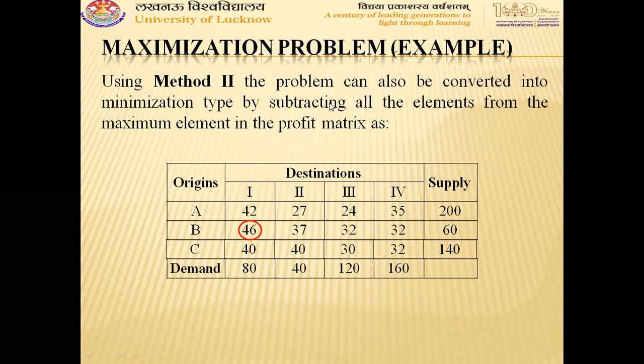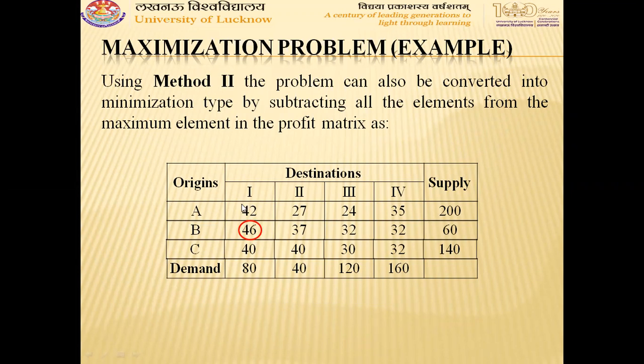Similarly, when we apply the second method, we first have to find the maximum profit. The 12 quantities are 42, 27, 24, 35, 46, 37, 32, 32, 40, 40, 30 and 32. Among these 12 quantities, 46 is the maximum. So each and every unit is subtracted from 46.